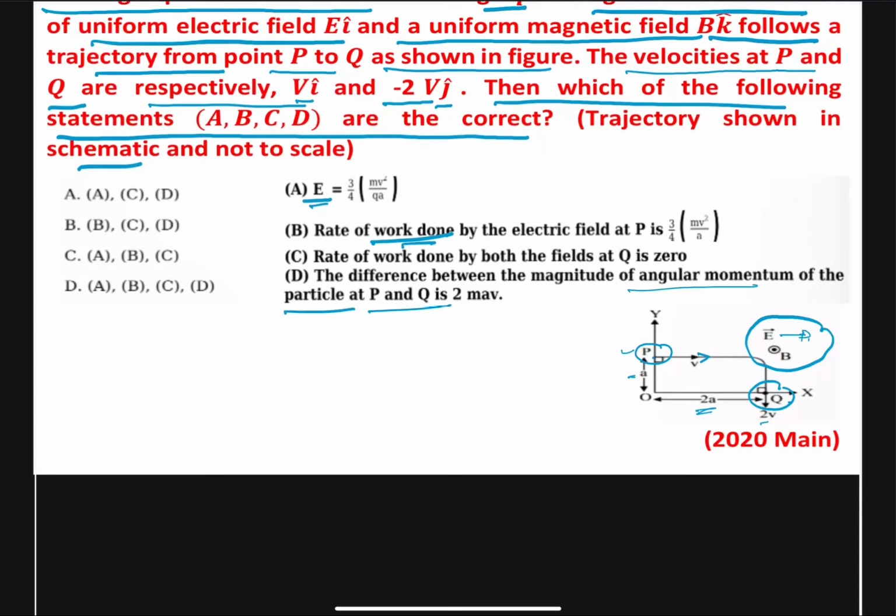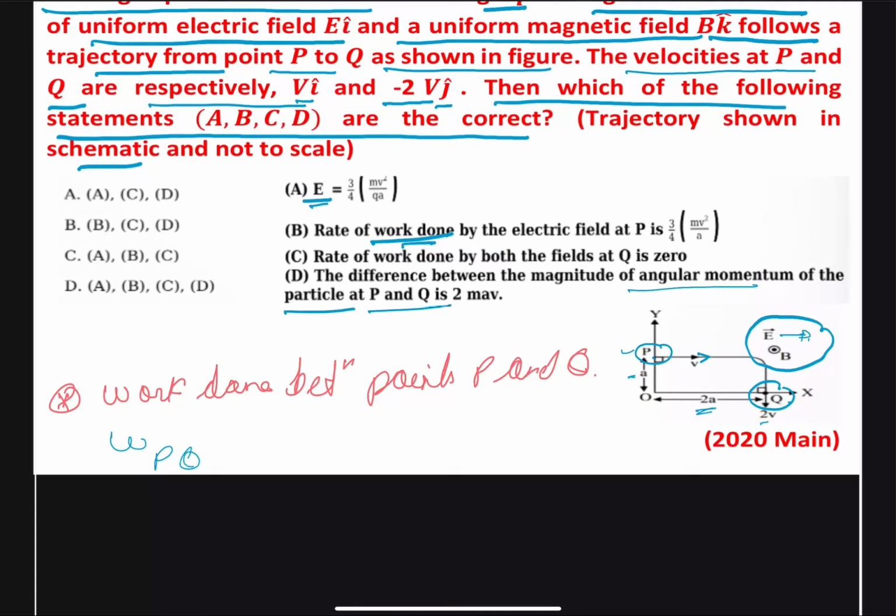So we can say that the work done between the points P and Q, let us suppose it is W_PQ, will be the work done because of the electric field plus the work done because of the magnetic field.